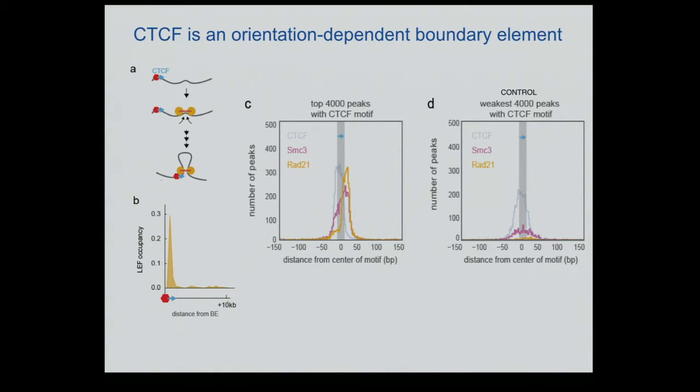You see CTCF occupancy here in gray. We also see a buildup of cohesin, probed by two different elements of cohesin, RAD21 and SMC3. So you see a buildup of cohesin on one side of the peak. And we see exactly the same picture in simulations: if that's my boundary element, I would see a buildup of loop extruders on one side of it, because they're knocking at the boundary element. That's a control.